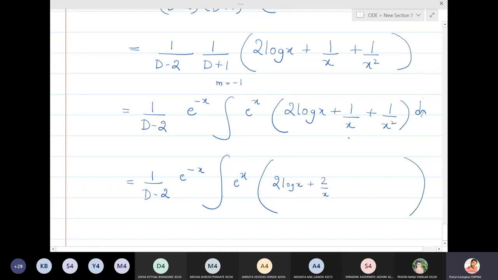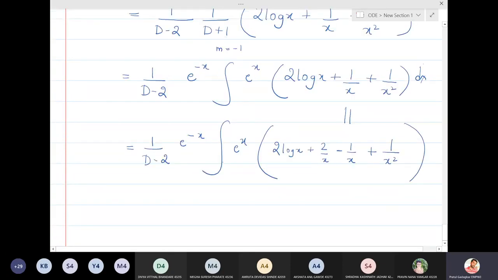And this 2 upon x, when I subtract minus 1 upon x, it will become minus 1 upon x. So eventually this term is nothing but 1 upon x. So the bracket terms simplified to be equal, but I have adjusted 2 upon x.